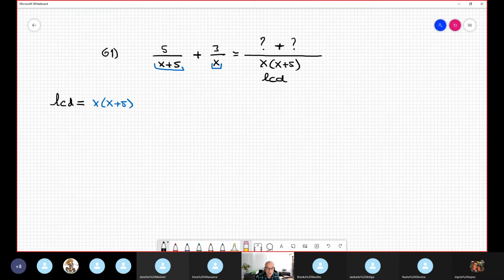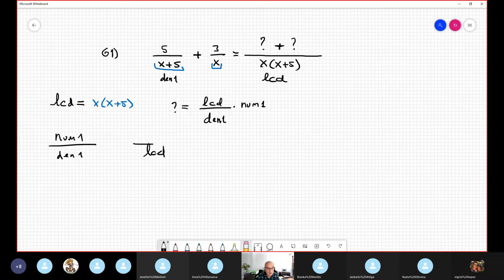The formula for finding the first top part is you divide the LCD by the corresponding denominator, denominator 1. Who is denominator 1? I suppose denominator 1 is this guy. Multiplication by the corresponding numerator 1. So in the same fraction, we have numerator 1, denominator 1, and we have another place, LCD, and you need to find the number here, right?